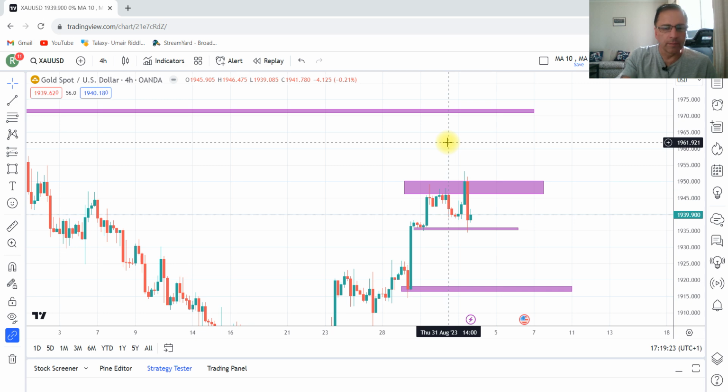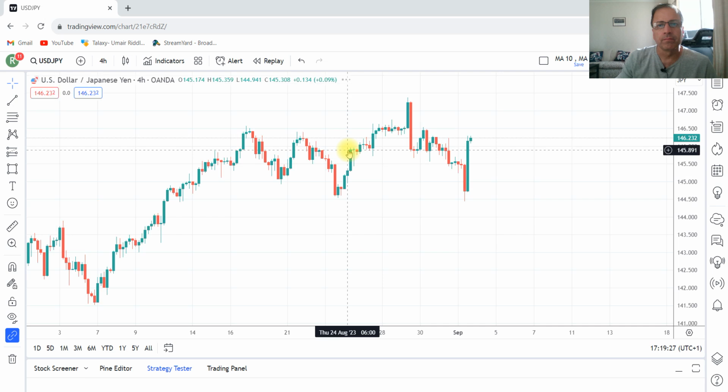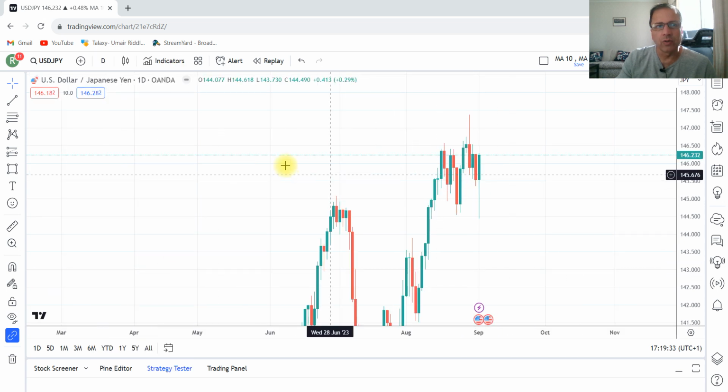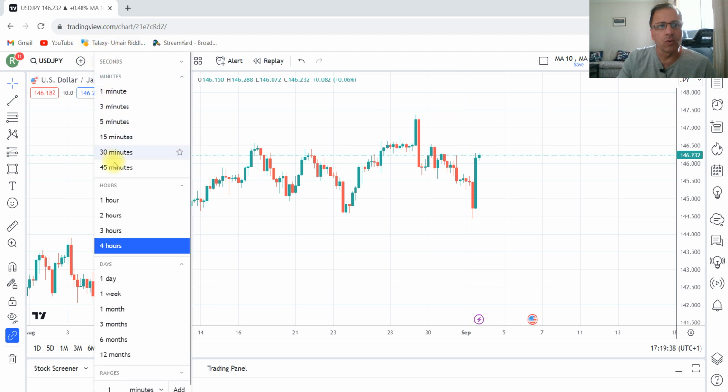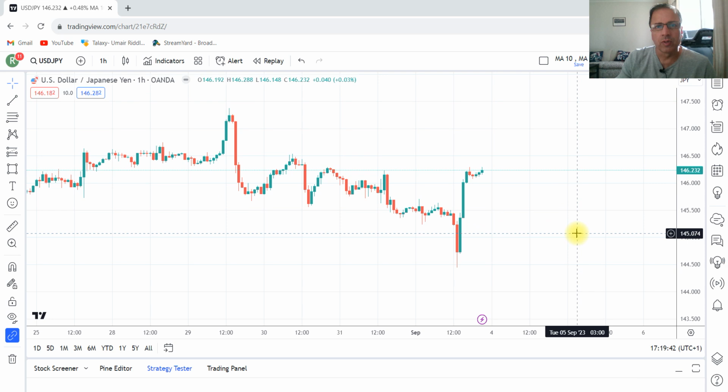Next pair is USD JPY. Let's quickly look on daily time frame, then 4 hour time frame, and then go to the 1 hour time frame.